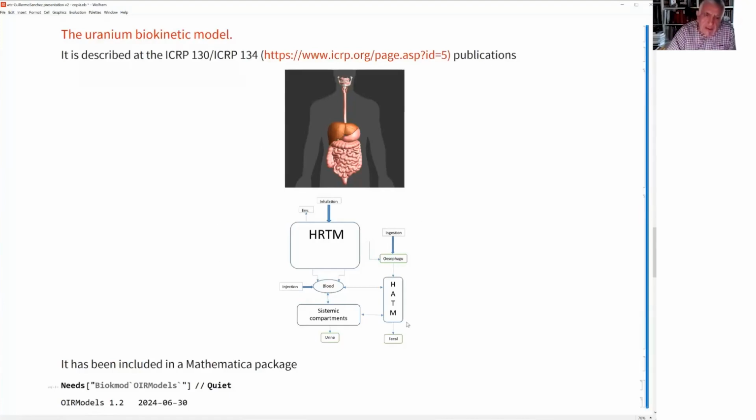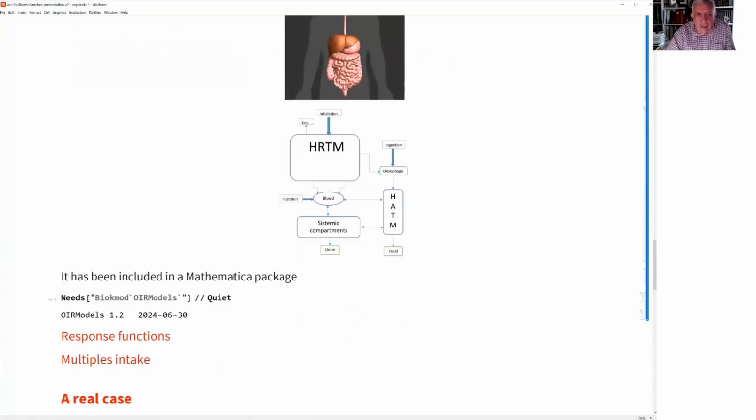We can find the model for uranium. It has more than 100 compartments, including the human alimentary tract model and the human respiratory tract model. Here it is represented. We have included this model in a specific package.